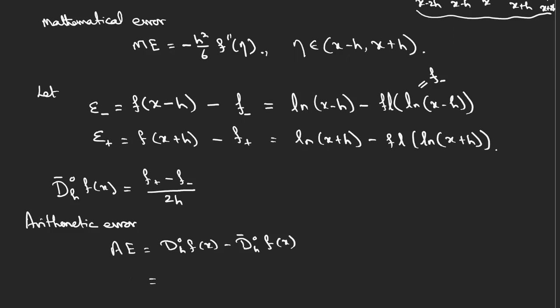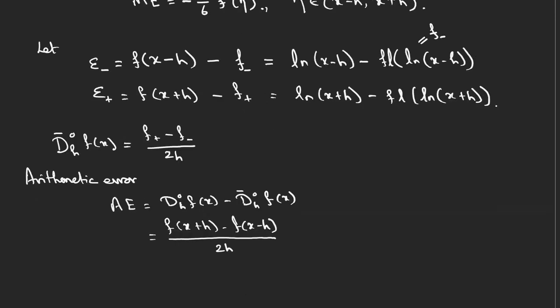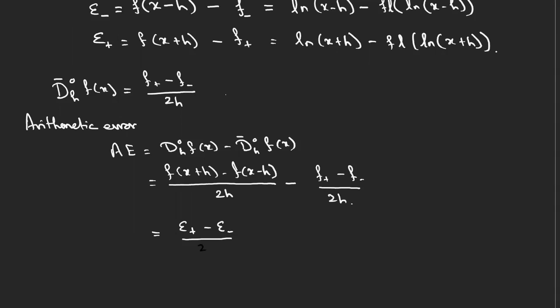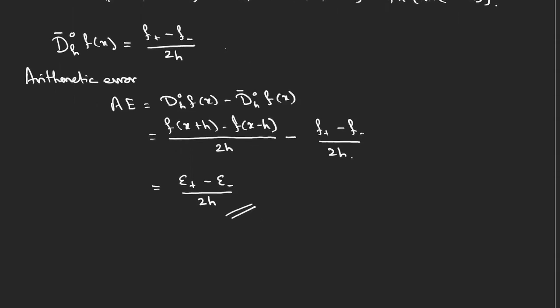And that is given by f of x plus h minus f of x minus h divided by 2h, minus f plus minus f minus divided by 2h. And that, if we use the notation epsilon, we get epsilon plus minus epsilon minus divided by 2h, right? Now, that's the expression for the arithmetic error involved in the central difference formula.